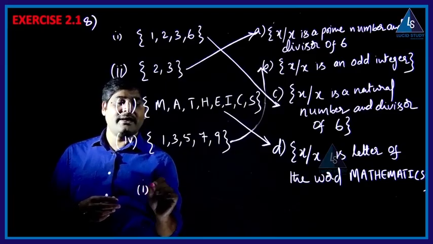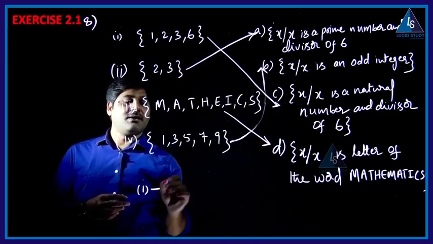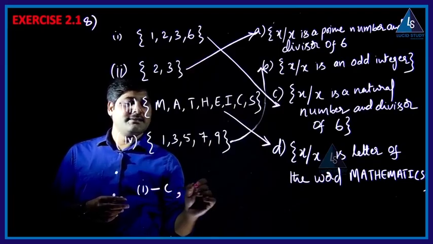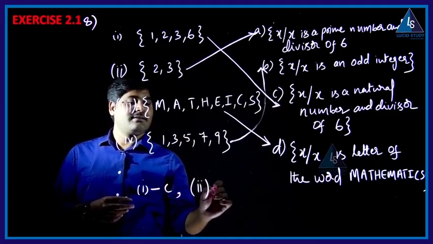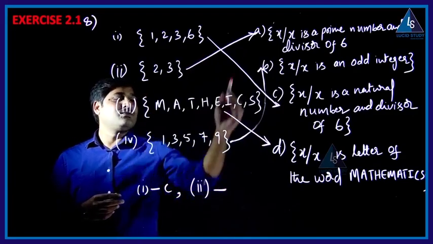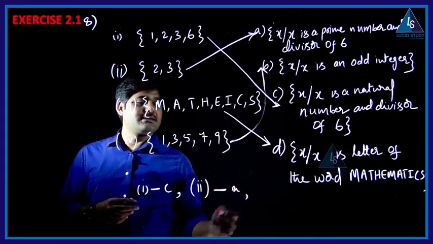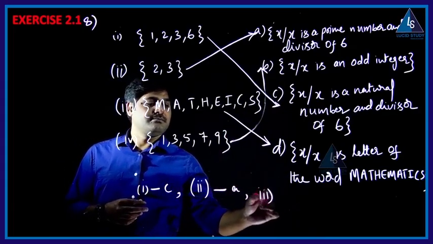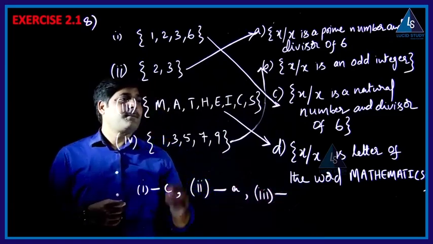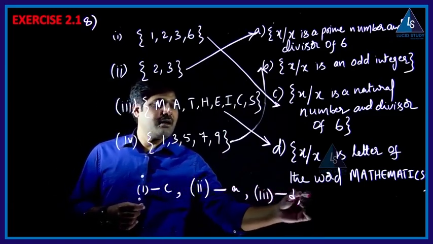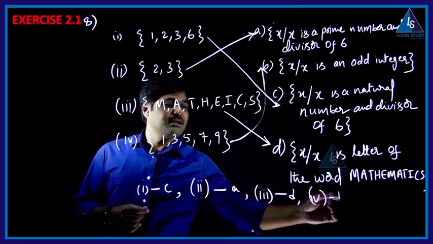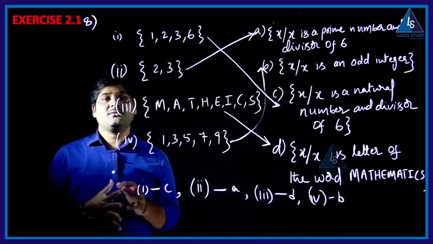So the first one is matched with the third one, C. Similarly, the second one is matched with the first one, that is A. Next, the third one is matched with D. And the fourth one is matched with B. So like this we will do it.